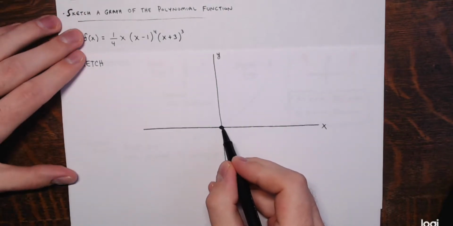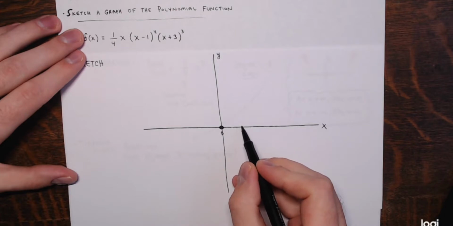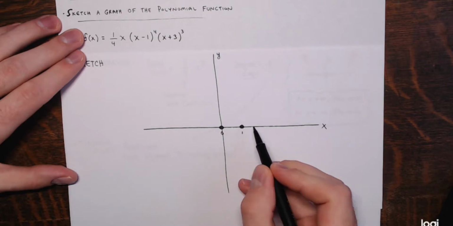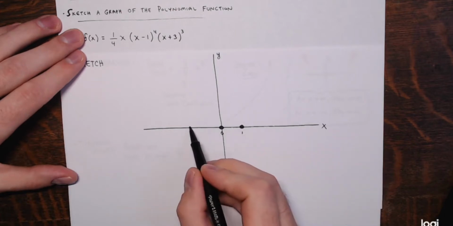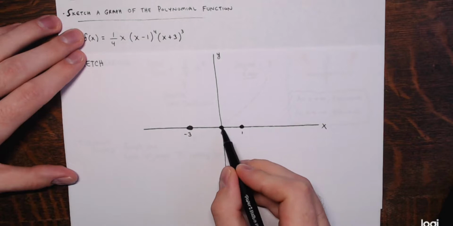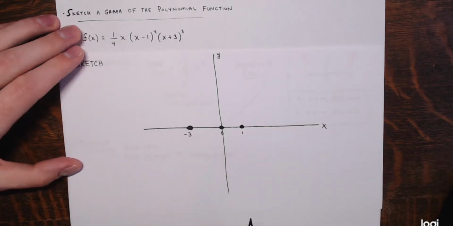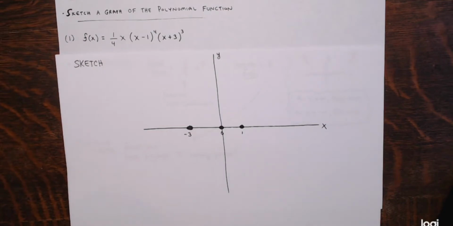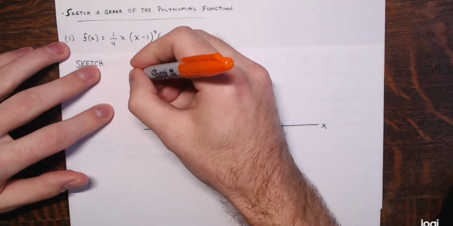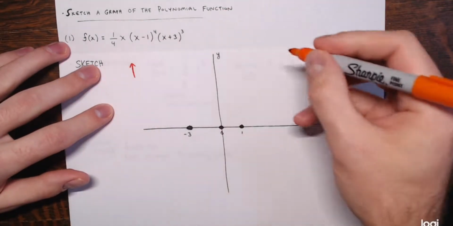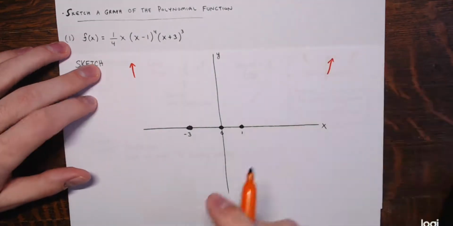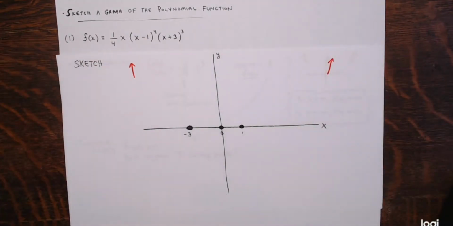So (0, 0), say there's (1, 0), and over here, (negative 3, 0). Again, I'm going very rough, just putting numbers in the correct relation to each other. We know the end behavior: it should be going up to the left and up to the right somehow, when we're done.